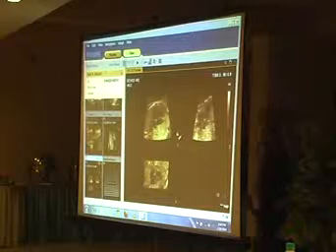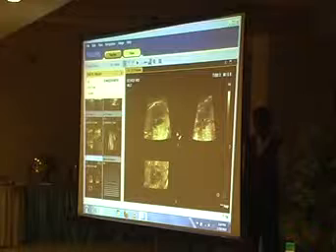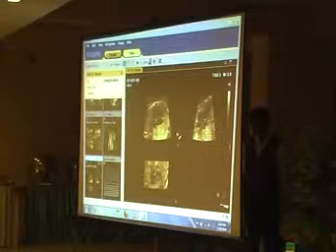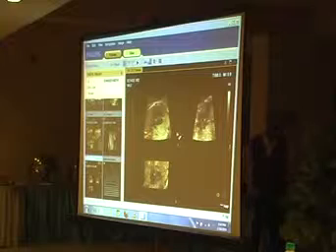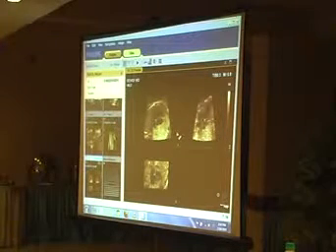The first and foremost improvement is with a matrix probe, because the acquisition time of a volume probe is around 12 seconds. And you know, while doing anomaly scans, around 18 to 22 weeks, the fetus is there with an adequate amount of liquor, and the fetus is moving like anything.